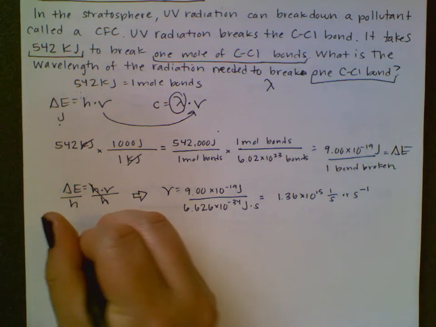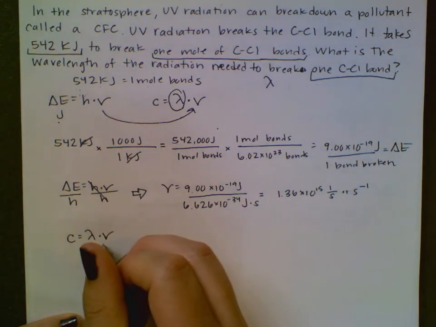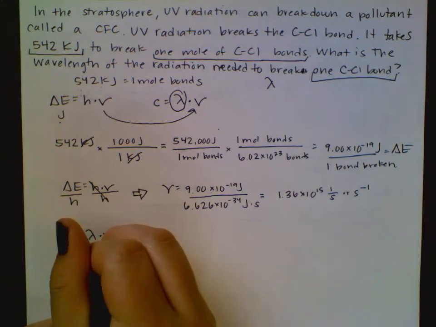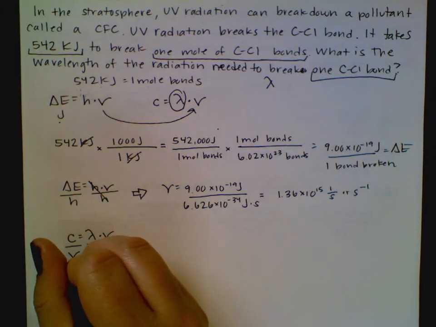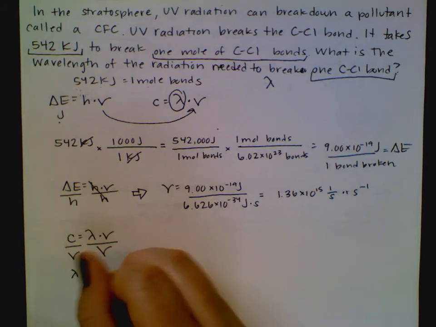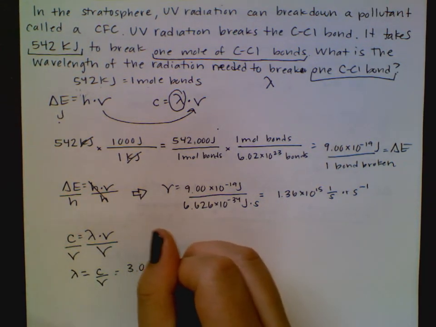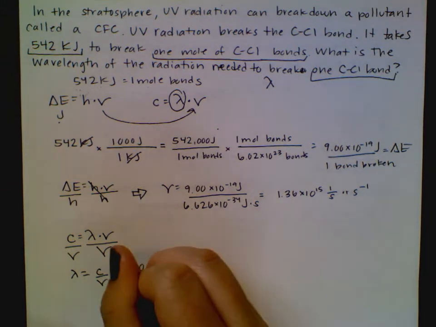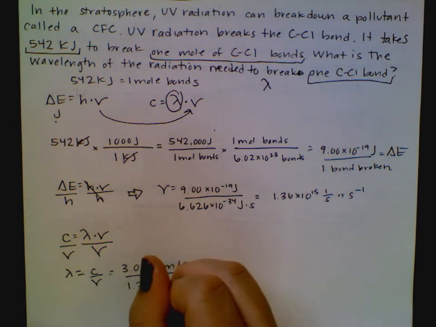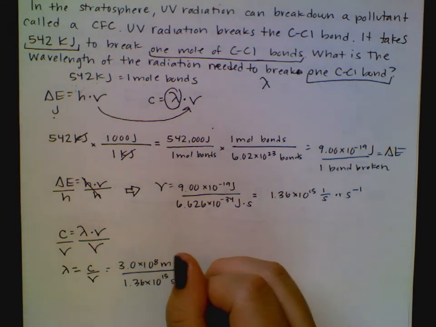So C is equal to lambda times nu. But now I know my frequency and I'm looking for my wavelength. So I'm going to divide by my frequency. My wavelength is equal to C over frequency, which is equal to 3.0 times 10 to the 8th meters per second, divided by my frequency, which is 1.36 times 10 to the 15th seconds to the negative 1.